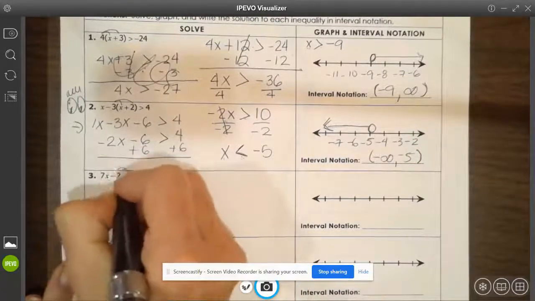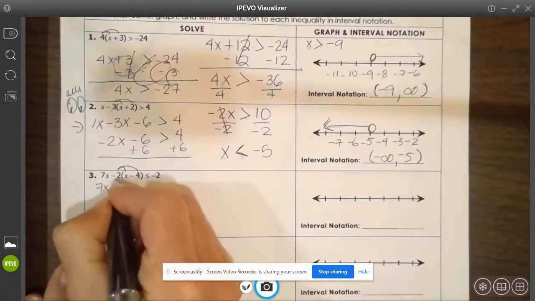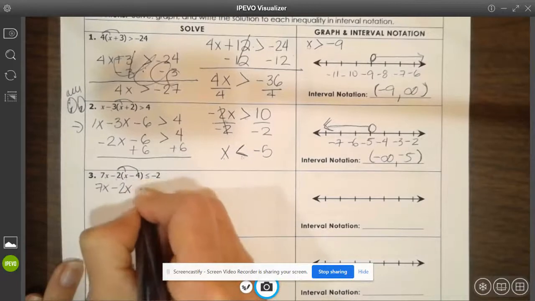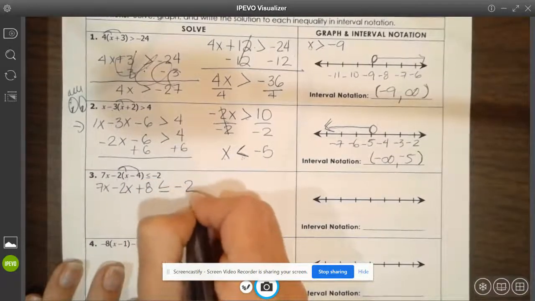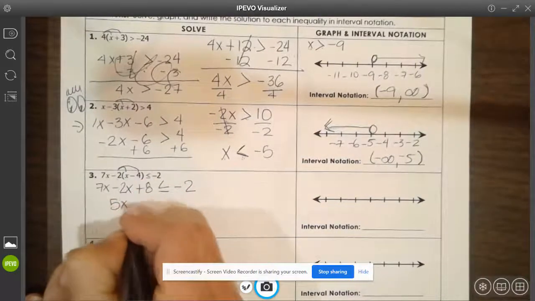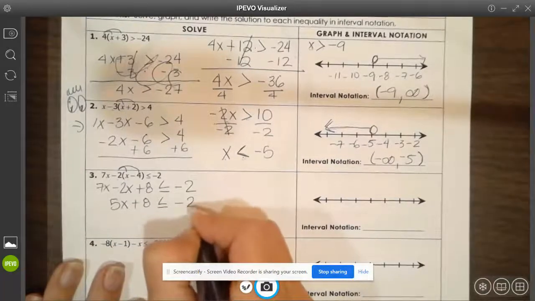All right, so let's distribute here. That's 7x minus, so negative 2 times x, that's negative 2x. Negative 2 times positive 4, that's positive 8, less than or equal to negative 2. And then combine like terms, that's 5x plus 8, less than or equal to negative 2.